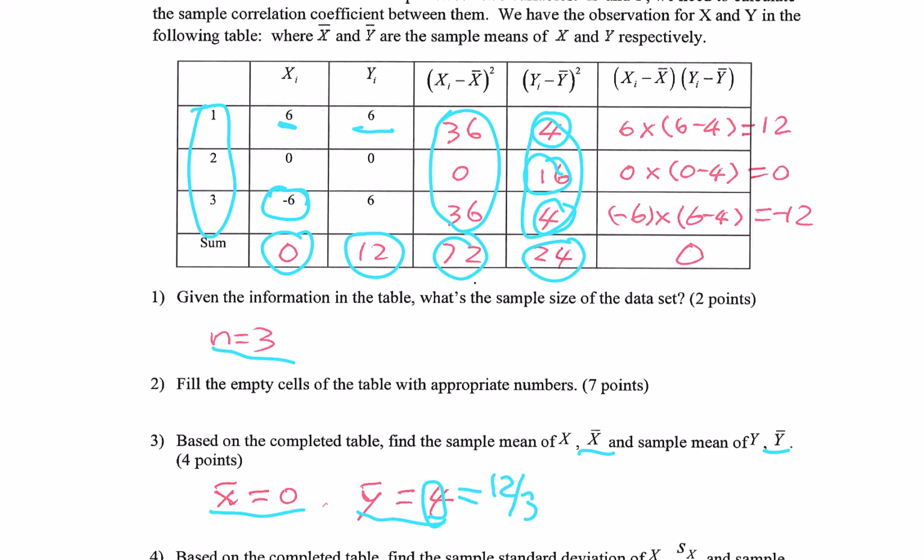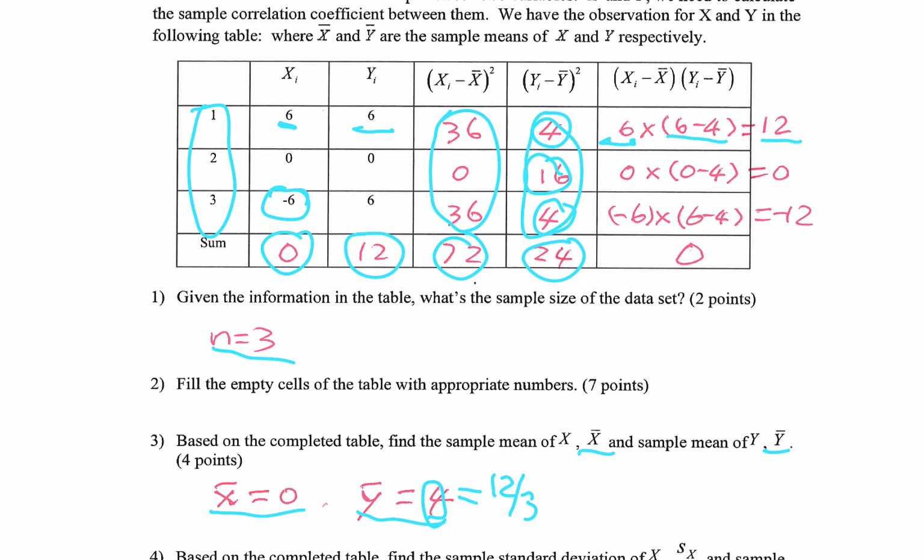All right. How are we going to get the cross product? Cross product means x minus x bar times y minus y bar. So in the first row, your 6 minus 0, which is still 6, and then 6 minus 4, which is 2. That's how you get 12.